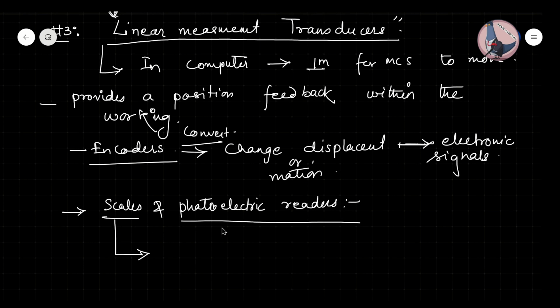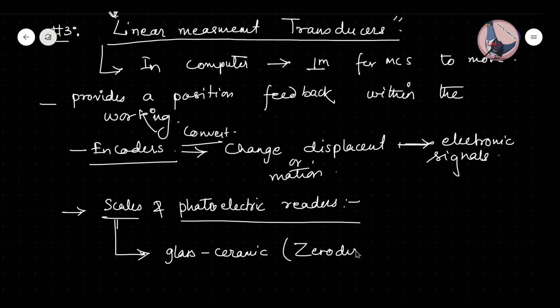When you say move 1 meter, that 1 meter has to be compared with some known length, and that known length with which it is compared is the scale. Earlier, steel was used as the material, but you can understand that with steel the deformation with temperature is very high. So glass ceramics are used nowadays.